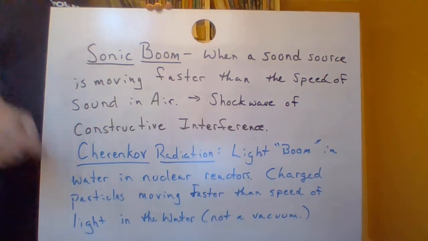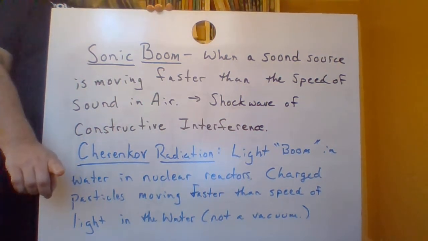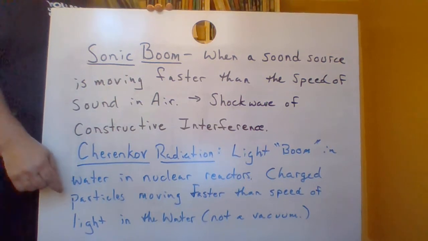Now, for light, there are times where charged particles can move faster than the speed of light in water. Not the speed of light in a vacuum, speed of light in water, which is 33% slower than the speed of light in a vacuum. All right.